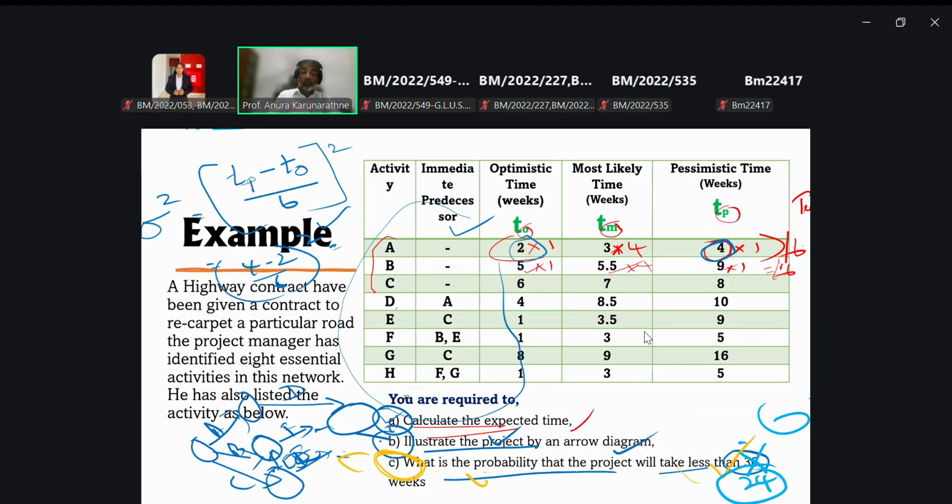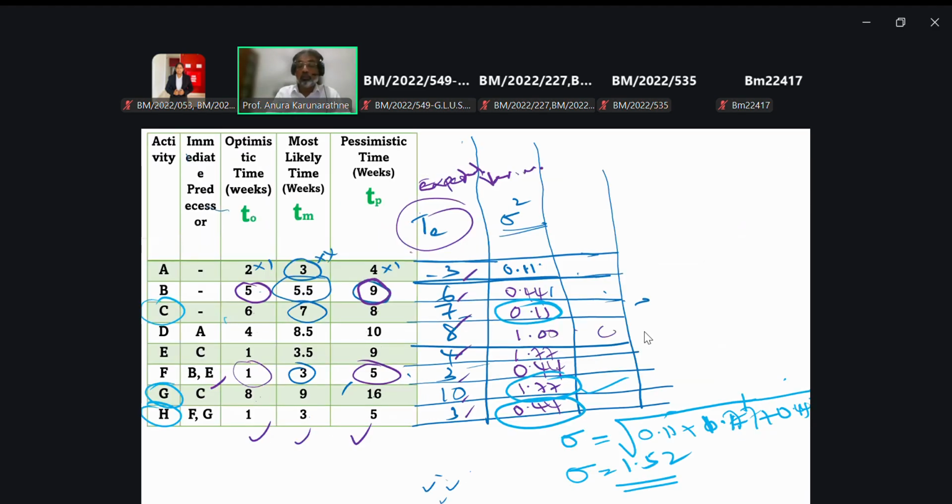What would be the answer? Here your standard deviation remains the same, right? The standard deviation and other figures remain the same.